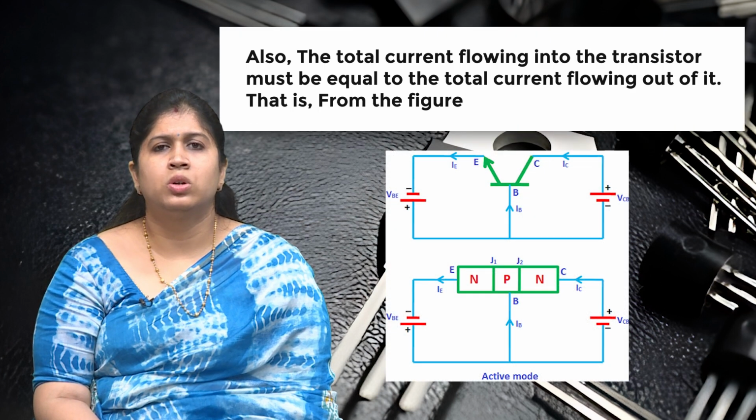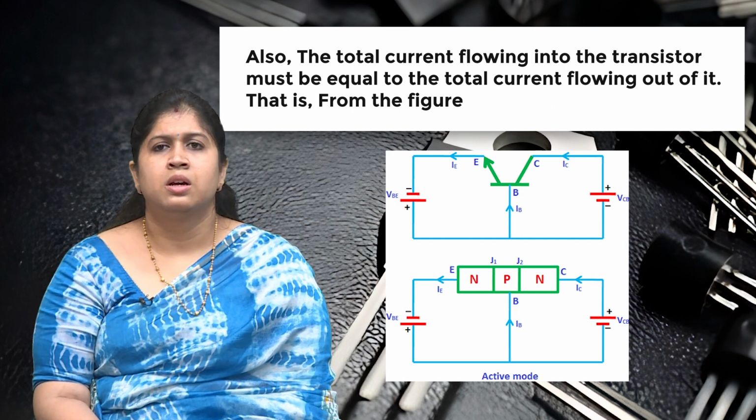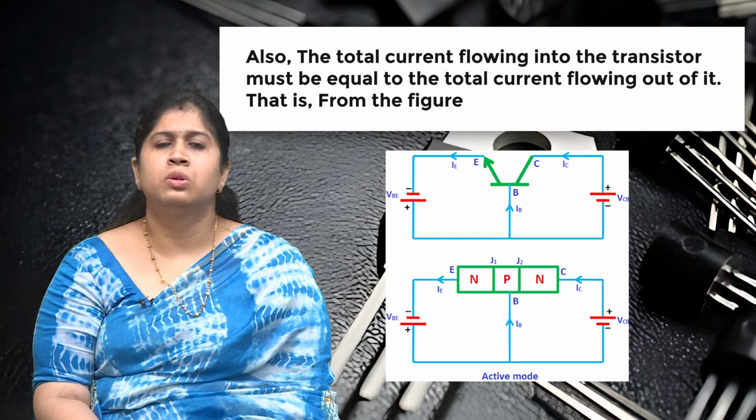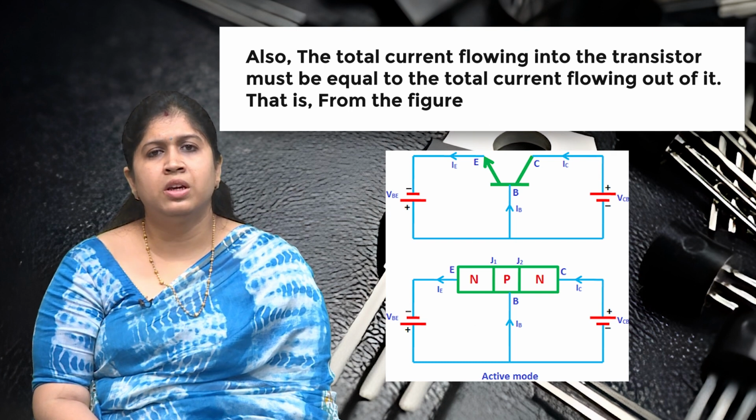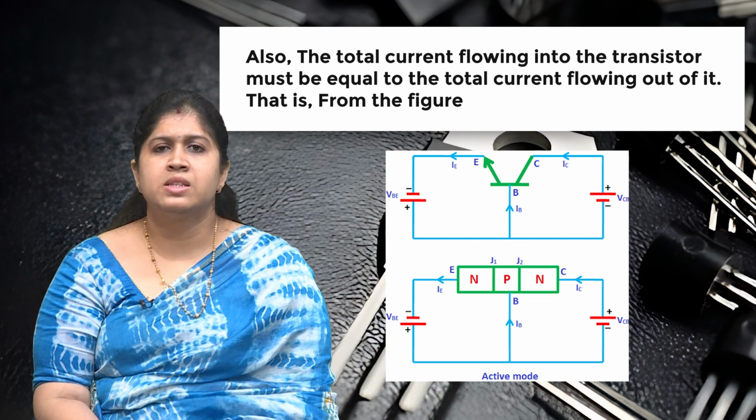Also, the total current flowing into the transistor must be equal to the total current flowing out of it, that is, from the figure, IE equals IC plus IB.